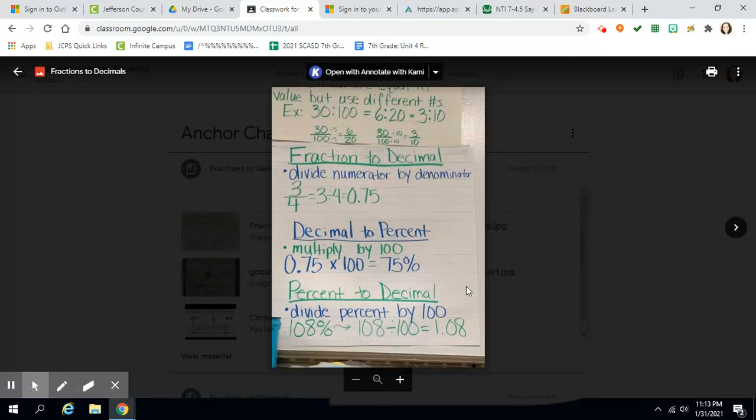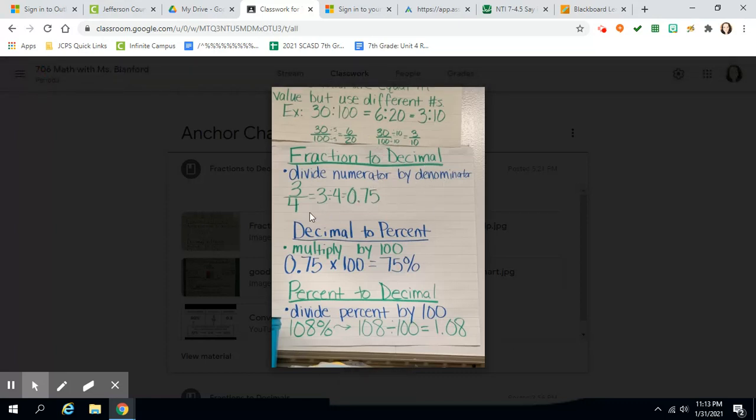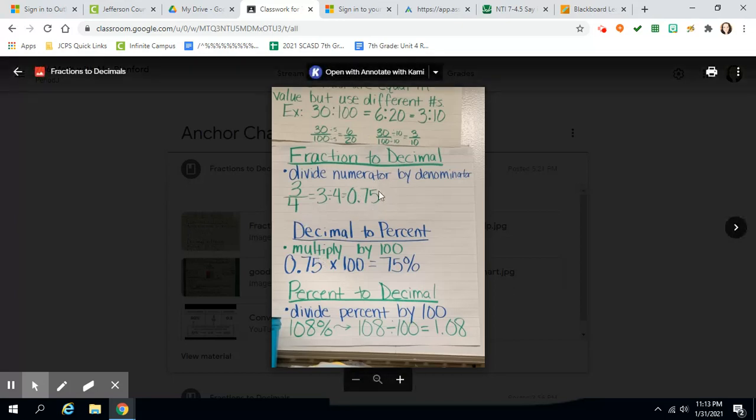Just to remind ourselves, we just learned how to go from a fraction to a decimal. We divide the numerator by the denominator. And if we have a decimal, it's easy to make a percent because all we do is multiply that number by 100. So if I said change 3/4 to a percent, it's 75%.